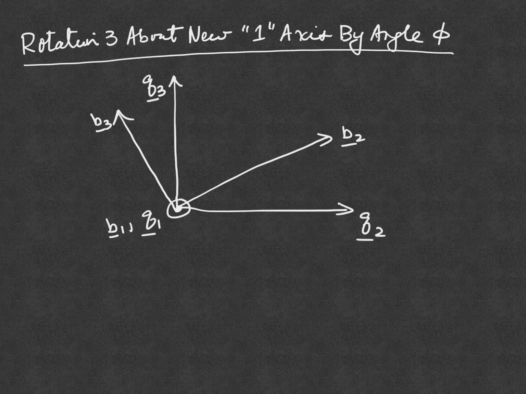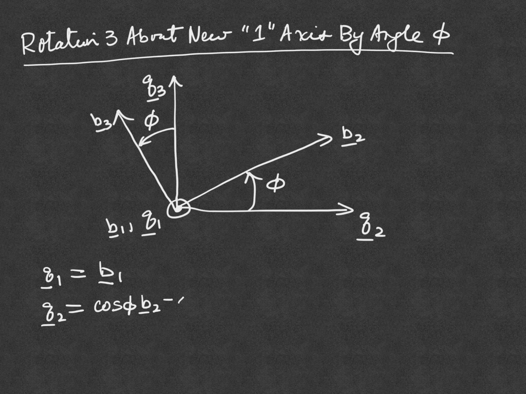So that implies that Q1 is equal to B1. Q2 is equal to, let's add the angle phi into this diagram, so Q2 is equal to cosine of phi times B2 minus the sine of phi times B3.